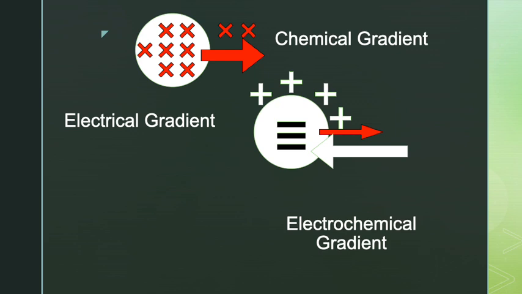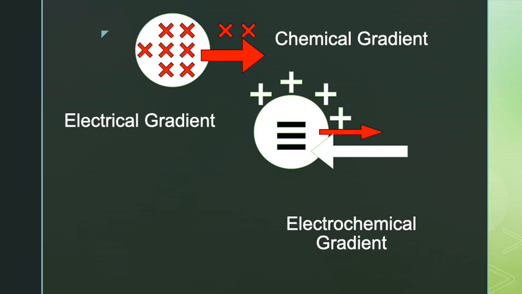The chemical gradient is going to work off of the amount of chemicals or the amount of substrate on either side of the cell membrane. So we see these little red X's. There's about 7 of them inside the cell and 2 outside the cell. And the red arrow is showing you the direction that the chemical gradient would be flowing. So we're always going to go from high concentration to low concentration, meaning from where we have more of something to where we have less of it.